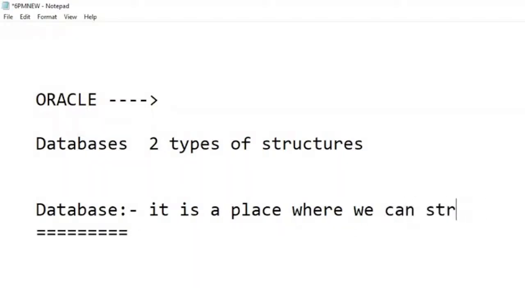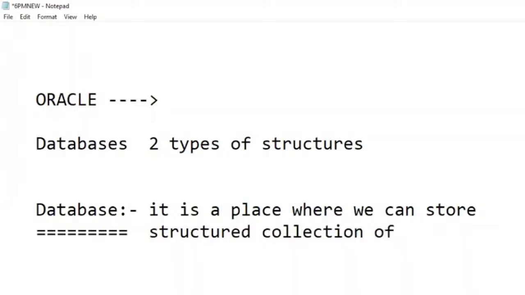They are telling only that: a structured collection of data. What is data, what is information, what is DBMS, that is later.